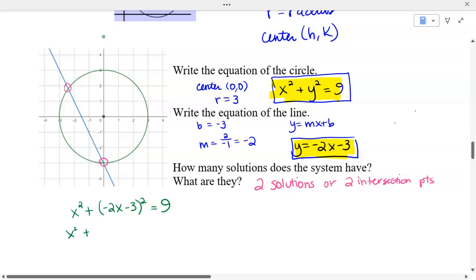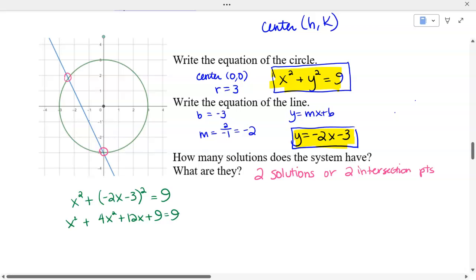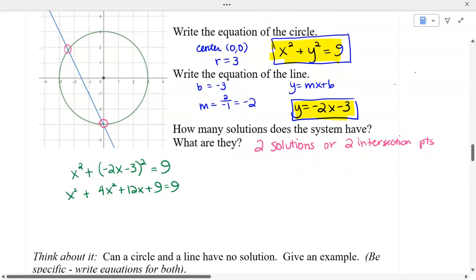Now when I FOIL negative 2x minus 3 squared, I'm going to end up getting 4x squared plus 12x plus 9 equals 9. Now I've got all x's in my equation, and I'm just going to combine like terms. I do see that I have a 9 on both sides of the equation, so those are going to cancel each other out, and I've got 5x squared plus 12x equals 0.